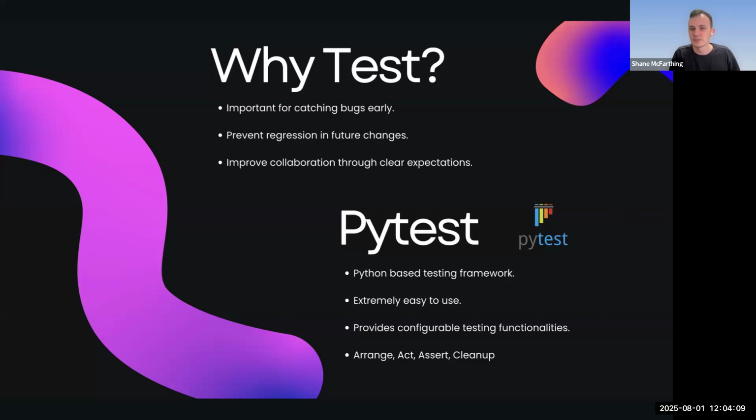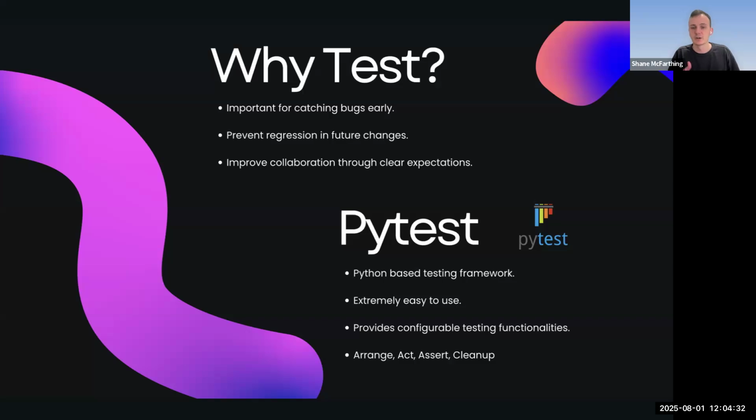And if you're working in Python, Pytest is a really useful tool for this. It's a Python-based testing framework, and it's extremely easy to use. It uses simple assert statements, but it can be configured to provide a lot of different functionalities. And in general, tests that we write using Pytest follow the same sort of framework.